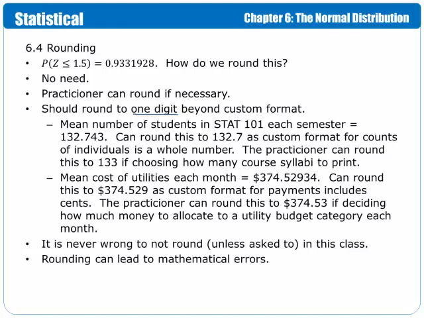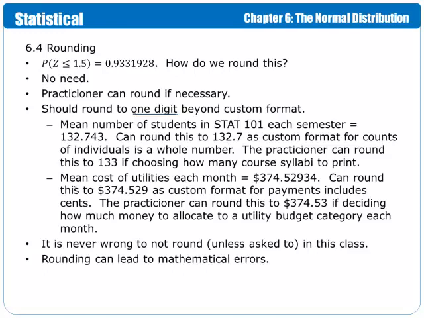So what you want to do is round it a little beyond what you need. If we're talking about people, they are whole numbers, but we can round one outside of that and say essentially that it's somewhere between 132 and 133. And the practitioner can round that to a whole number if he or she chooses to do so.